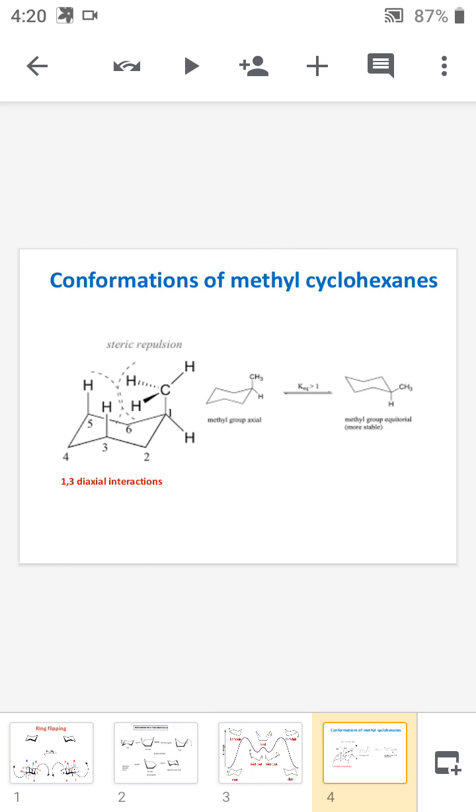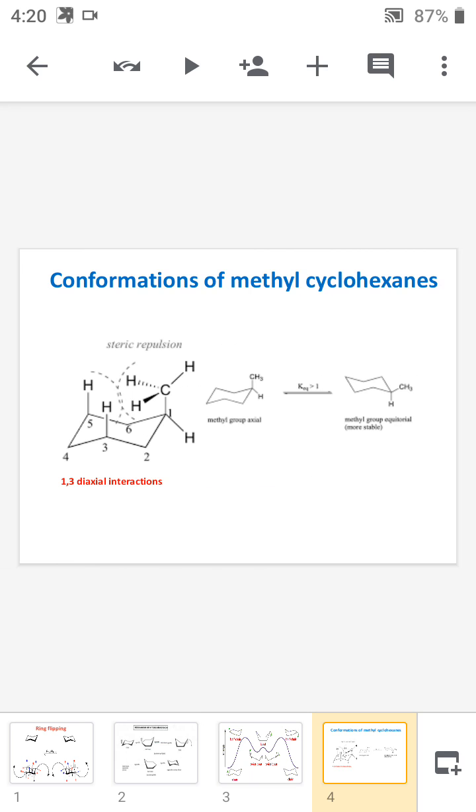This interaction is very high for the methyl group in the axial position. So that's why the methyl group exists in the equatorial position. If the methyl group is in the equatorial position, it is devoid of any strain. That's why the stable conformation of methylcyclohexane is the equatorial form.